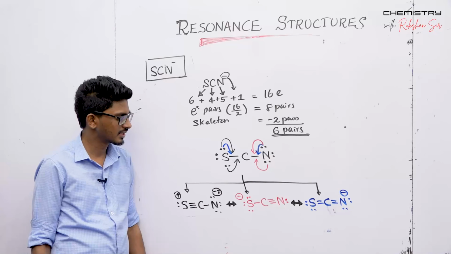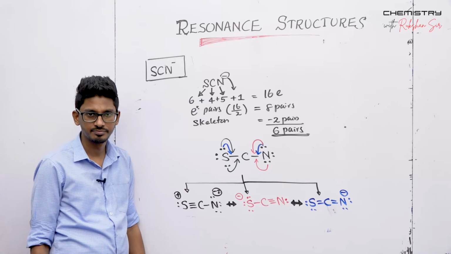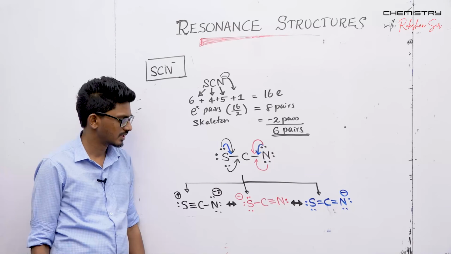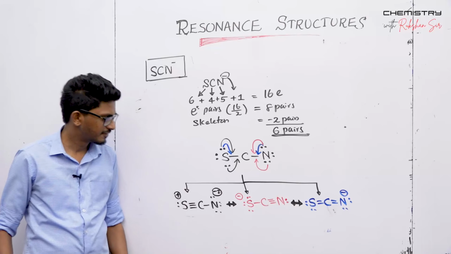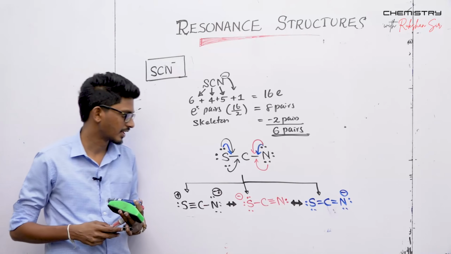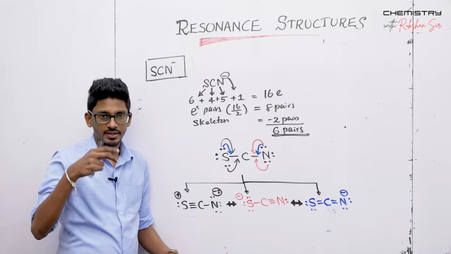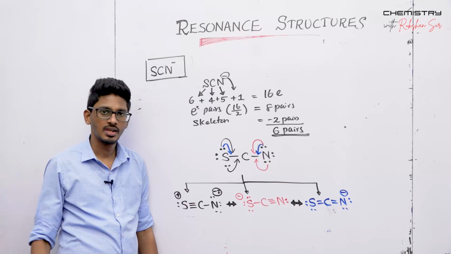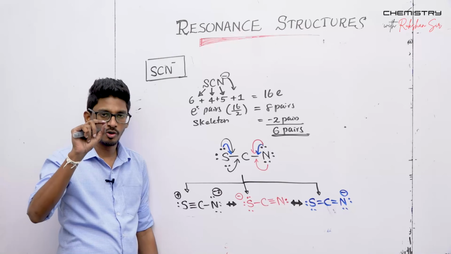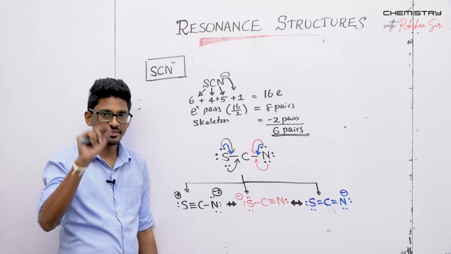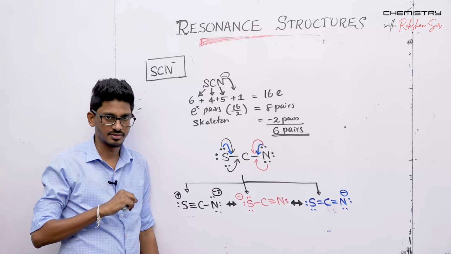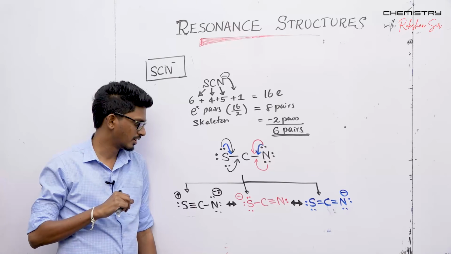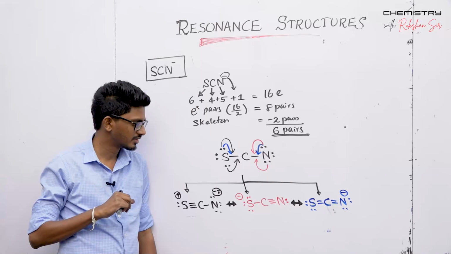So let's comment on their stabilities. Okay. So first reasoning. What are the reasons to become unstable? What are those? Positive charge on the most electronegative atom. Adjacently connected atoms are with same sign charges. Do we see any one of those things appearing with these?